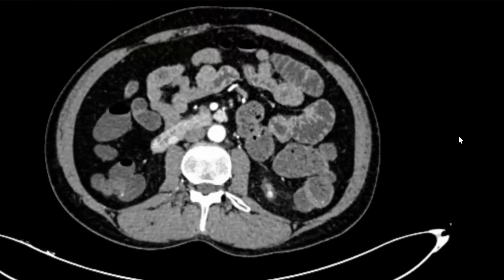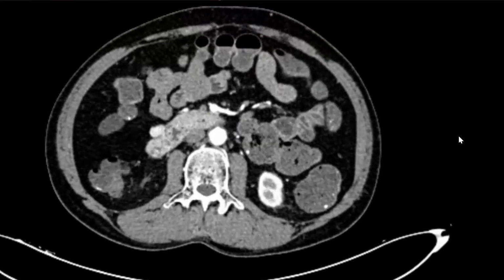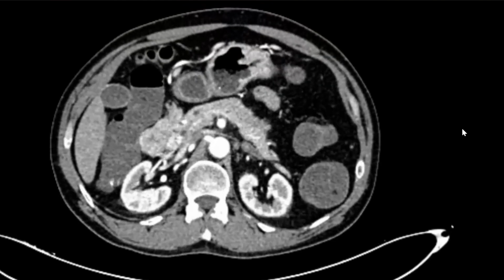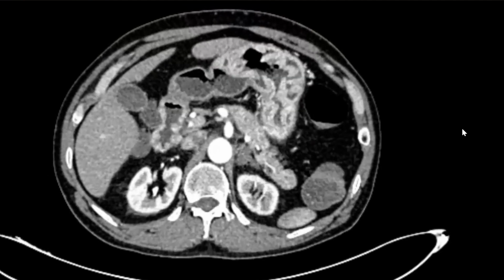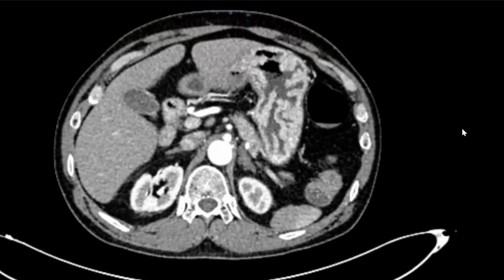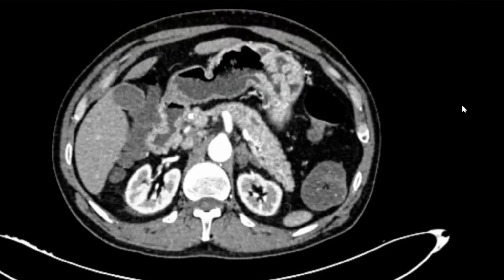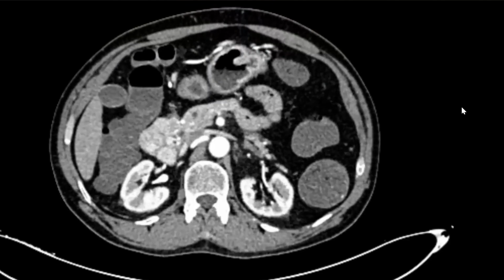I'm looking at the duodenum. The third part of the duodenum is crossing the midline. I'm looking for any obstructing lesion or any fistula.